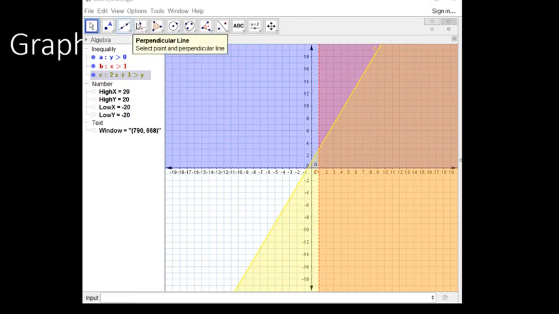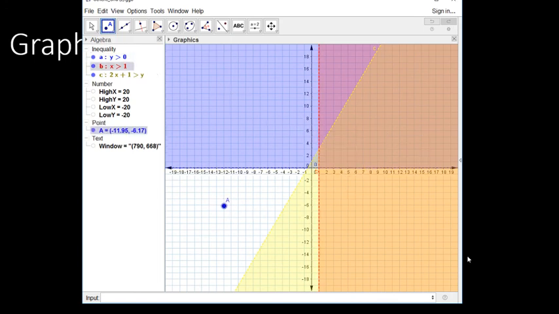what would you do? Well, let me in fact plot a point. So notice that if I just plotted that point, it falls in a region where none of my inequalities are. A solution for a system of inequalities is going to be somewhere where all of the solutions intersect.